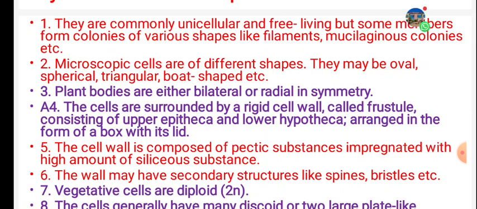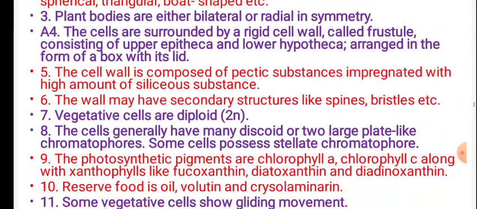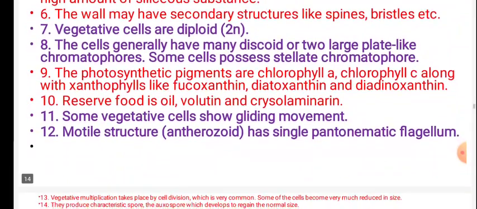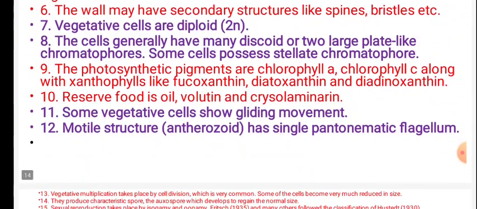The cell wall is composed of pectic substances, impregnated with a high amount of siliceous substance. The wall may have secondary structures like spines and bristles. The vegetative cells are diploid, and the cells generally may be discoid, with two large plate-like chromatophores.